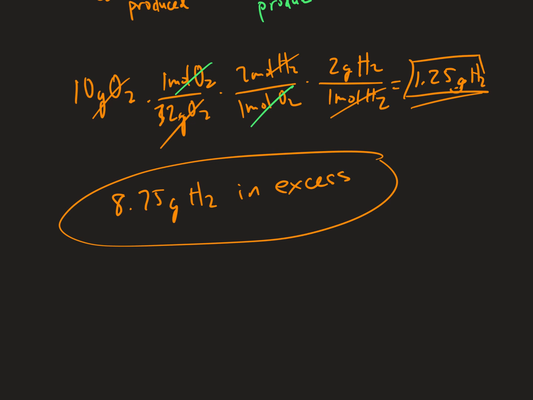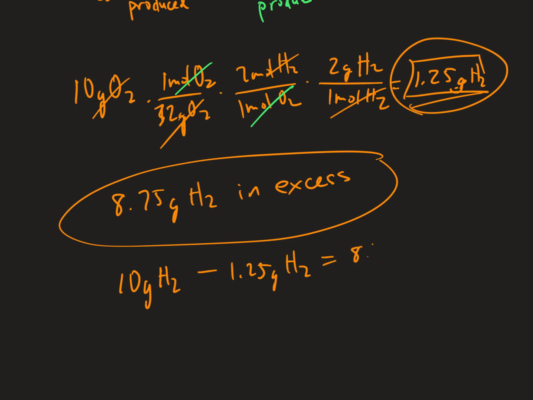I didn't know where we got the 8. We started with 10 grams. Sorry, I didn't show my work. We started with 10 grams of hydrogen gas, and we only use, theoretically, 1.25 grams of H2. And so we get 8.75 grams of H2 left over. Does that make sense? Good? Any other questions?